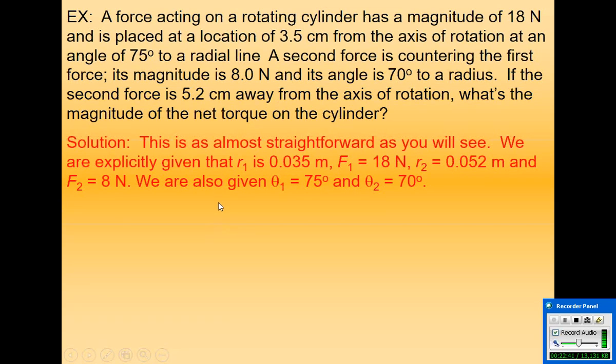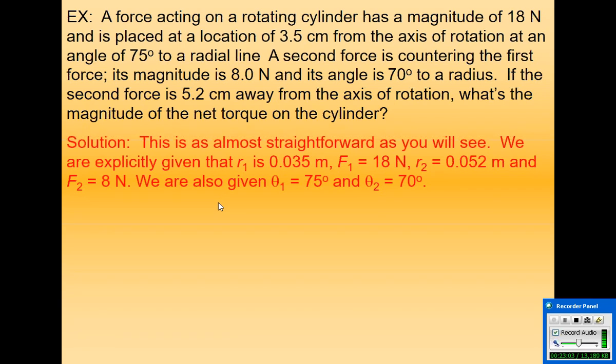Take a look at this question, which has a couple of torques in action. We're trying to rotate a cylinder. One force has a magnitude of 18 newtons, and it is acting at a location 3.5 centimeters from the axis of rotation at an angle of 75 degrees with respect to the radial line.